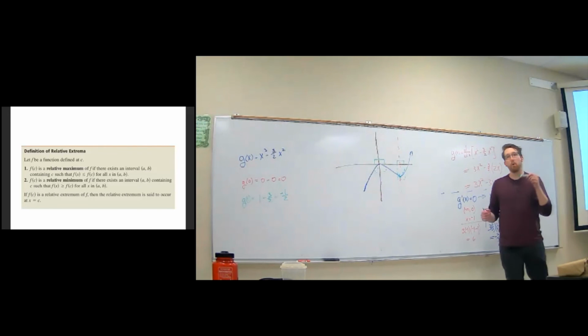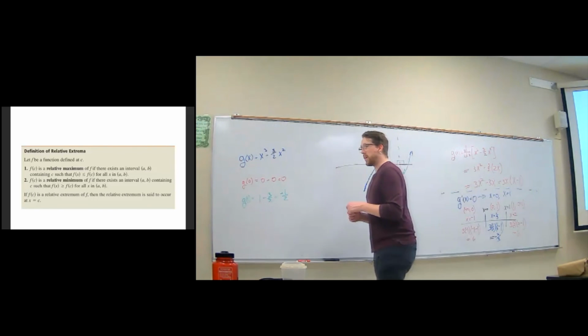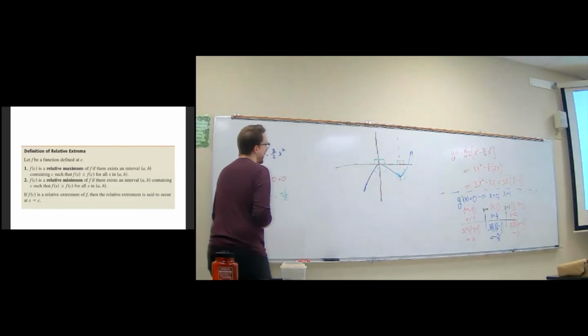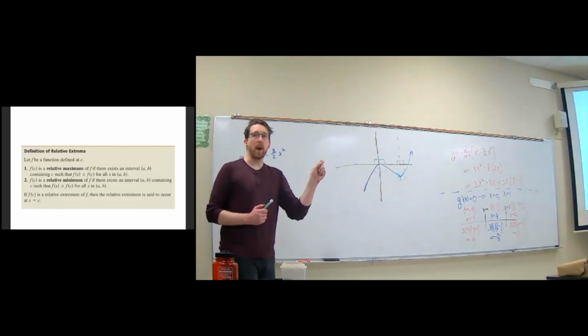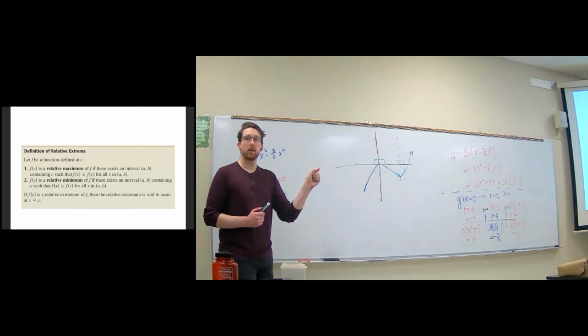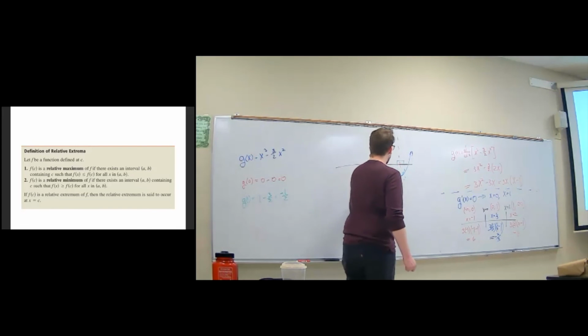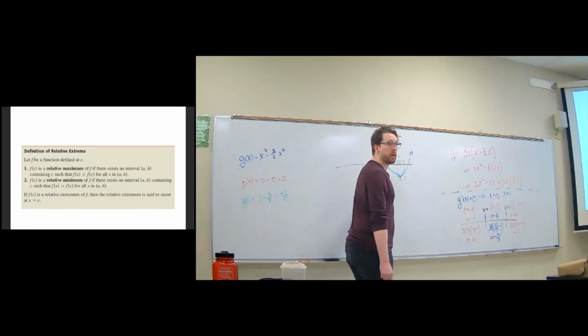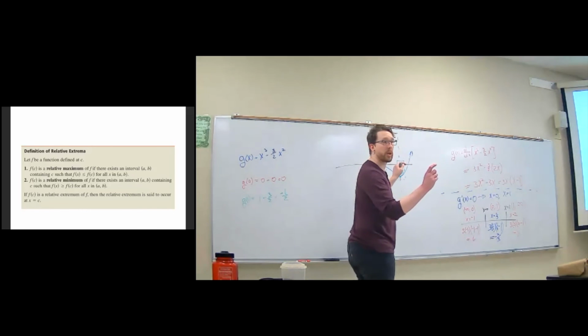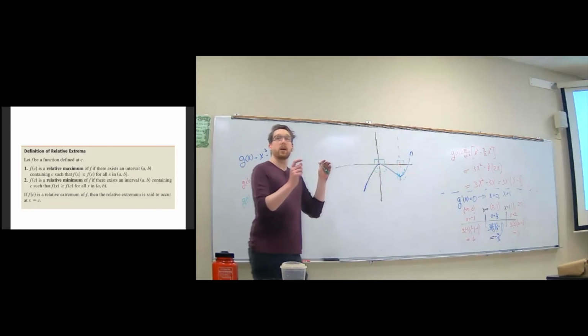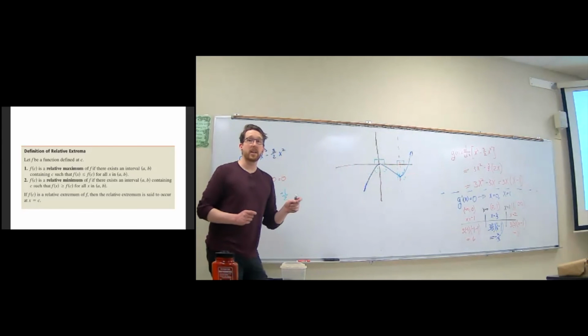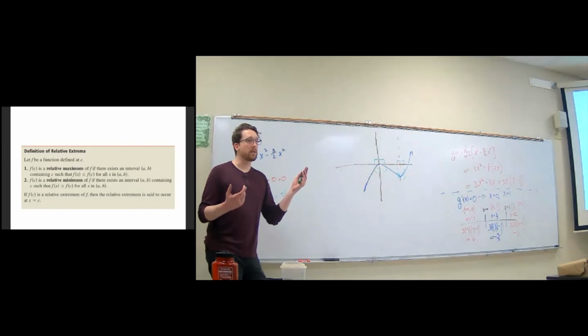A relative extrema is a point which, if you jiggle your x value about that, then you're no longer a max or a min. In other words, pick a c value, x is equal to c, and jiggle that x value. If everything other than that c is below f of c, you're at a max.